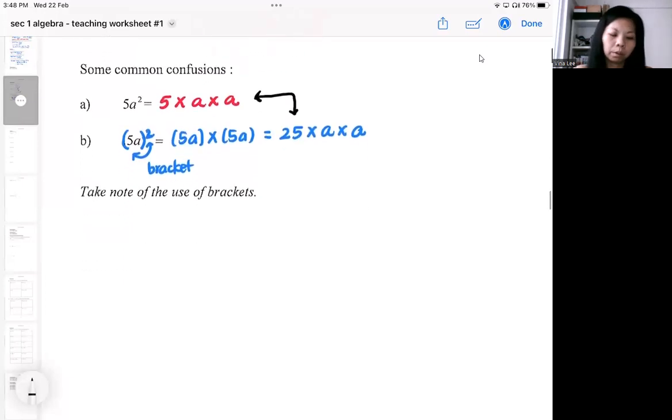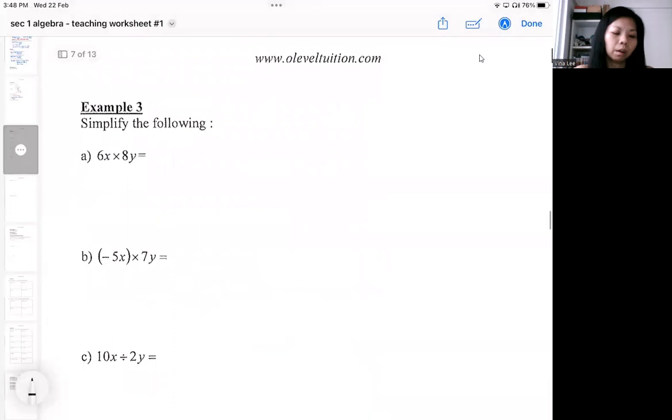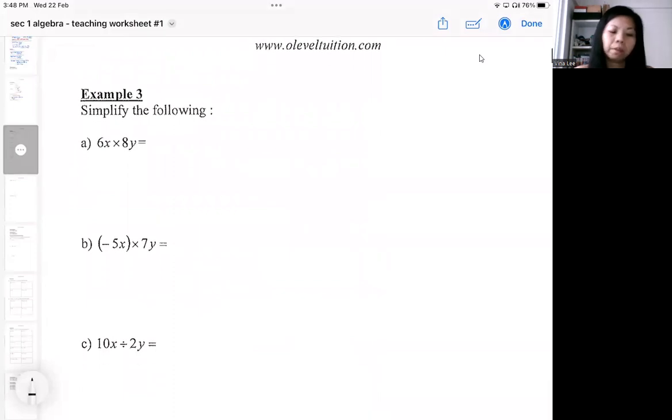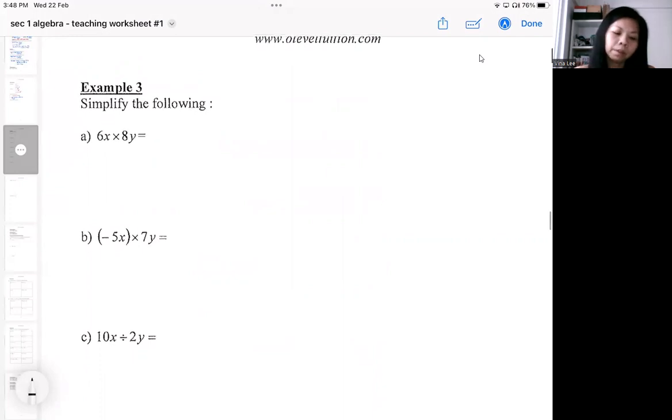Okay, so I'm going to show an example of how we simplify algebra. Simplifying algebra is quite simple. For example, 6x times 8y is equivalent to 6 times x times 8 times y. I'm writing it at the side because you do not need to show this, but this is your thinking space.